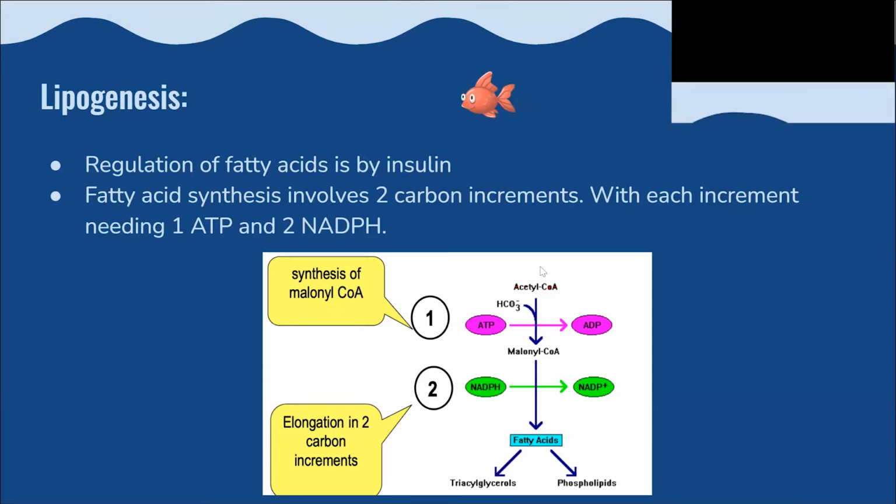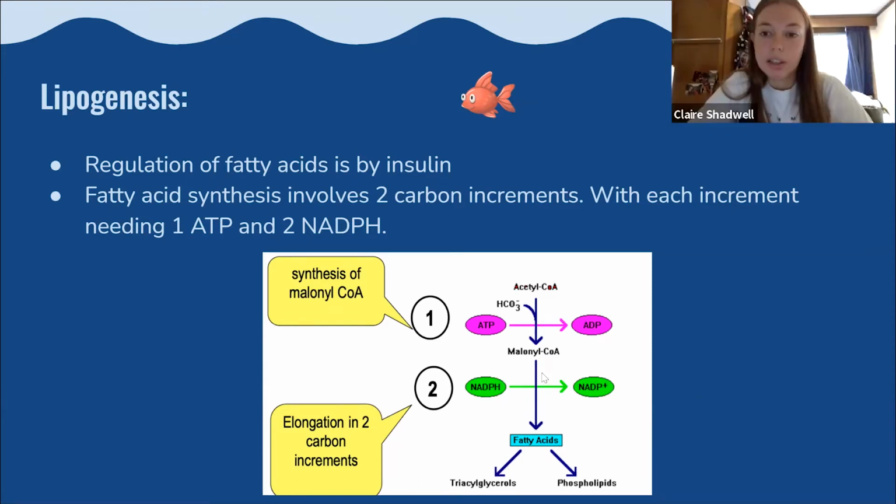And so the regulation of fatty acid synthesis is by insulin, and it involves 2 carbon increments, with each increment needing 1 ATP and 2 NADPH. And don't get too caught up on the NADPH. It's pretty much the same as NADH or FADH, just another carrier molecule. Step 1 in this pathway is the committed step.